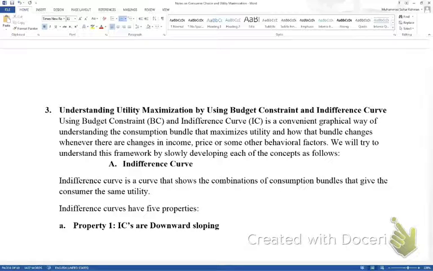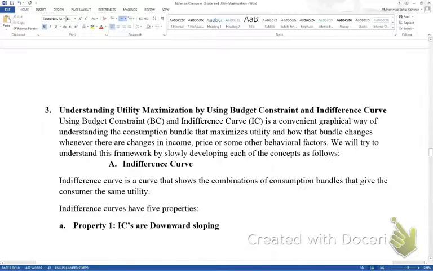What we're going to do now is we're going to offer you a second way of looking at utility maximization, but now we need two new graphical tools. They are very interesting, and we are going to call them budget constraint and indifference curve, and we're going to use these two to really explain utility maximization from a graphical perspective. So let's move on.